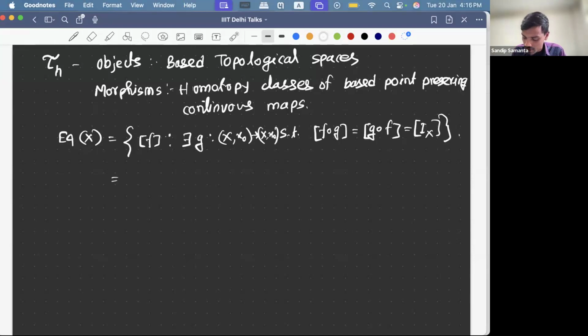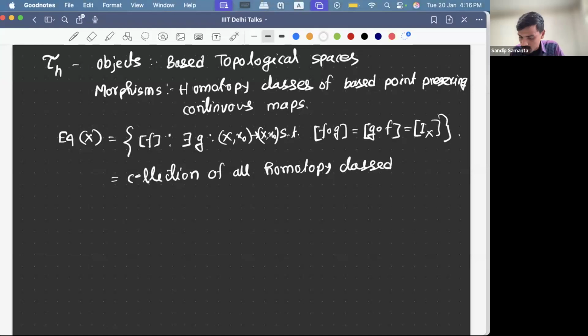So this is basically equal to the collection of all homotopy classes of self homotopy equivalences on X, right?